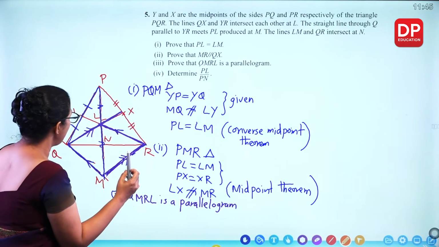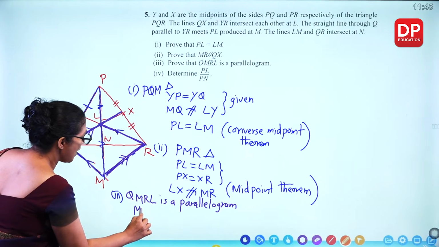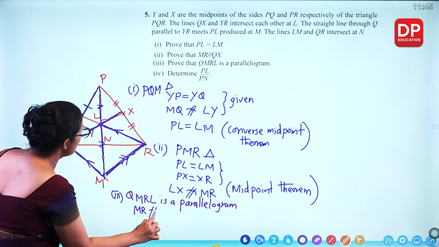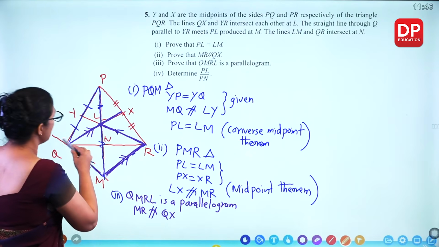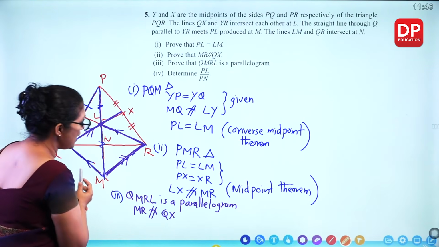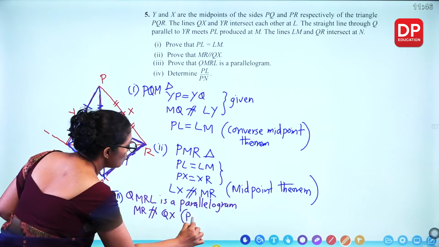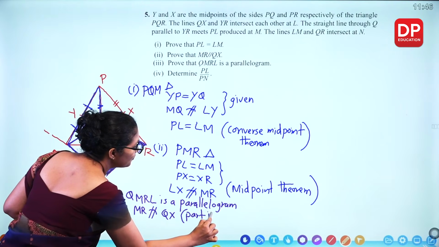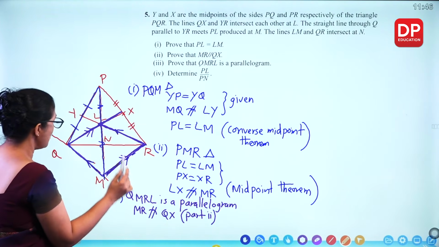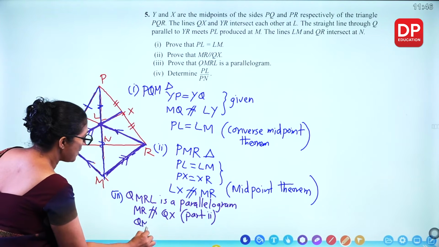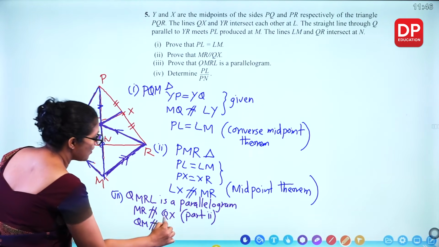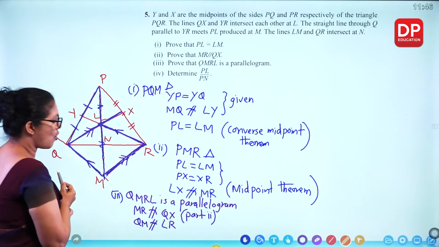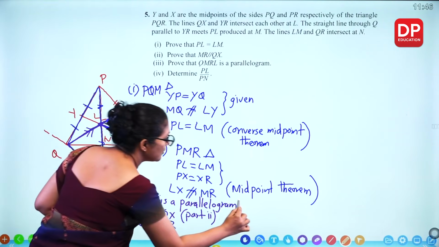What's the reason? We found out MR is parallel to QX. QL or QX, same thing, from part 2. And we know QM is parallel to LR. So opposite sides are parallel.